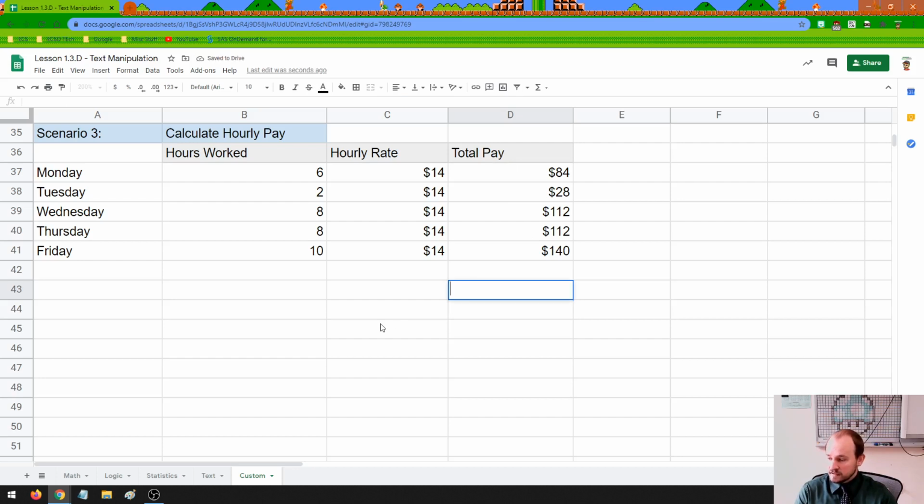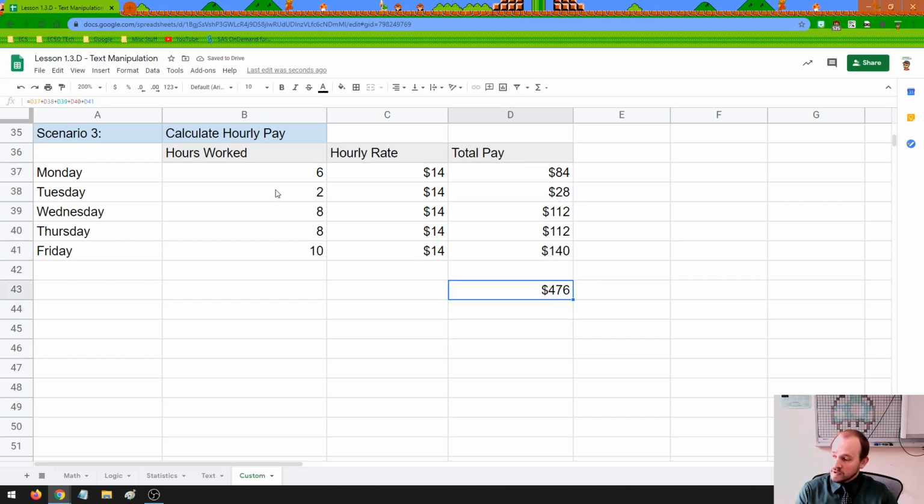We could say in here equals 84 plus 28 plus 112 plus 112 plus 140. And you'll notice that it didn't put in the actual numbers, it put in each of the cells how we identified them. When I press enter, we still get the same total.